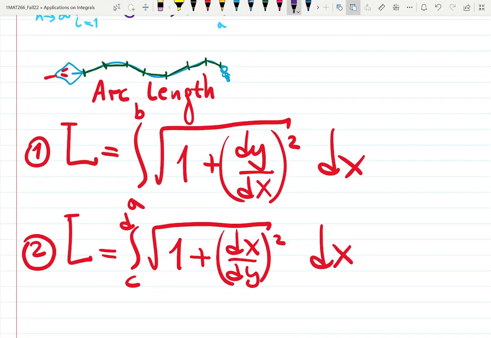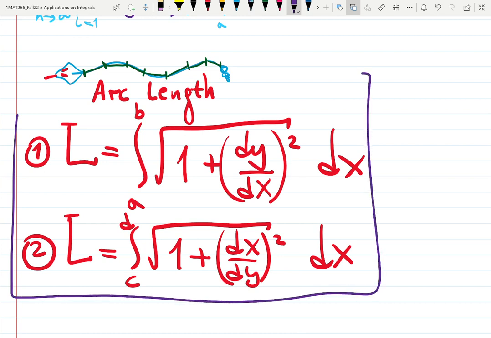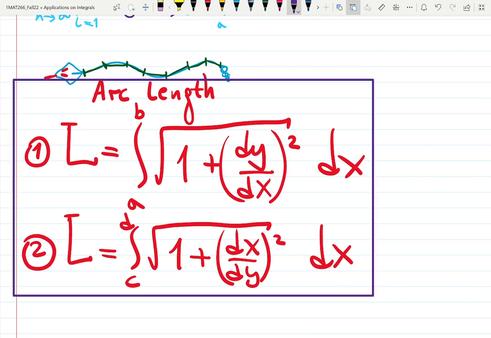Two main formulas for this chapter. The idea is the same, though: the integral of the square root of 1 plus derivative squared.